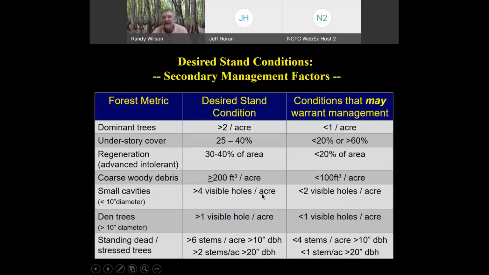Similarly, there's a secondary set of management factors, and here's where we get into something more species-specific: dominant trees, understory cover, regeneration, coarse woody debris, cavities, etc. And again, you see the desired conditions, and then conditions that may warrant management. That trigger point for a forester to consider.